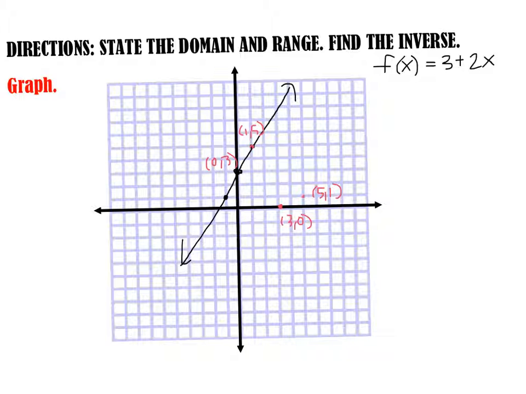And if the original has the point negative 1, 1, then the inverse has the point 1, negative 1. We could keep going, but I'm going to just approximate there. And there it is. Again, we're reflecting this along the diagonal line, the line y equals x. Now you can clearly see that the domain and range of each of them is all real numbers.